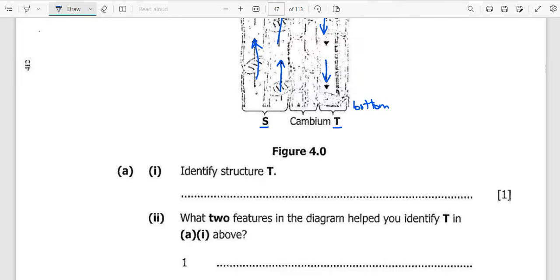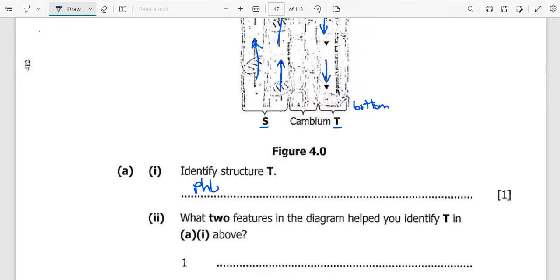There are two important cells here: the xylem and the phloem. The arrows show that substances are coming down from the top, from the branches or from the leaves, coming down to the stem and down to the roots. So what can be this structure T? The answer is the phloem.